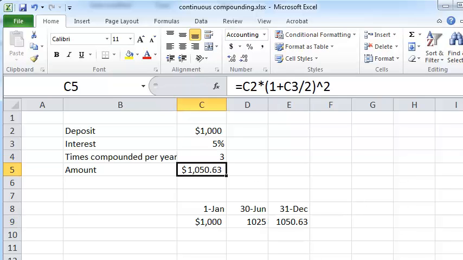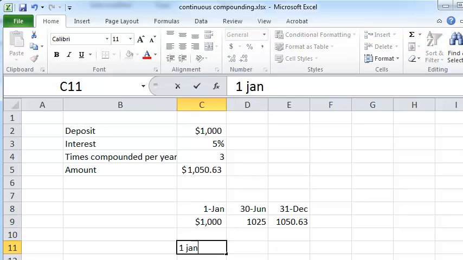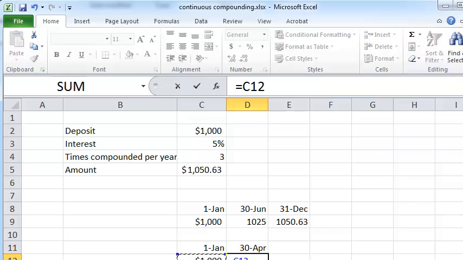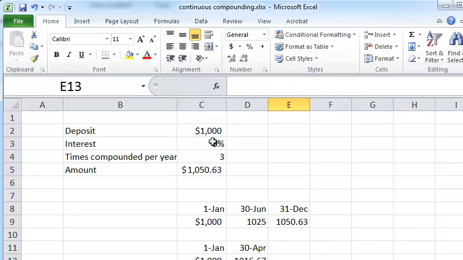That is, what if the bank is offering to compound your interest thrice in a year? So that means now you have 1st January, $1,000. On 30th April, that will be $1,000 times 1 plus interest rate divided by 3.